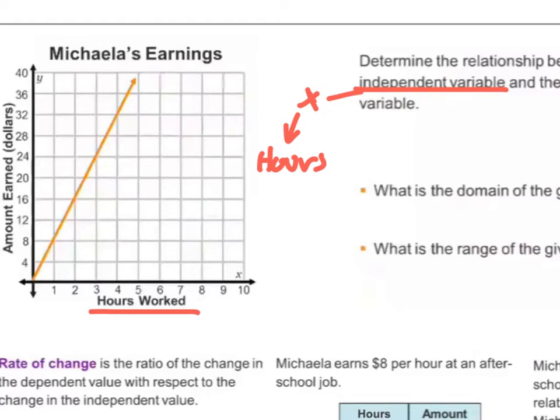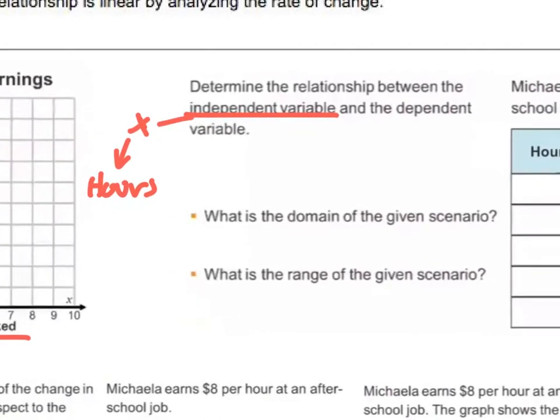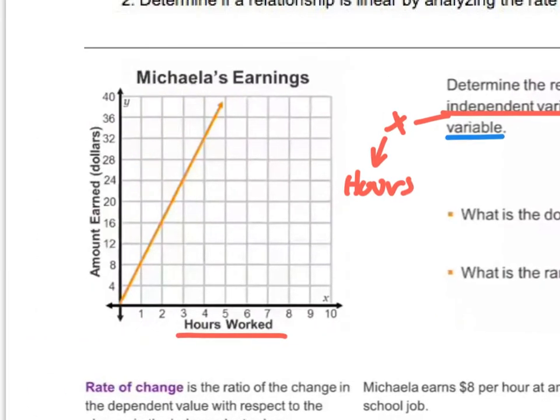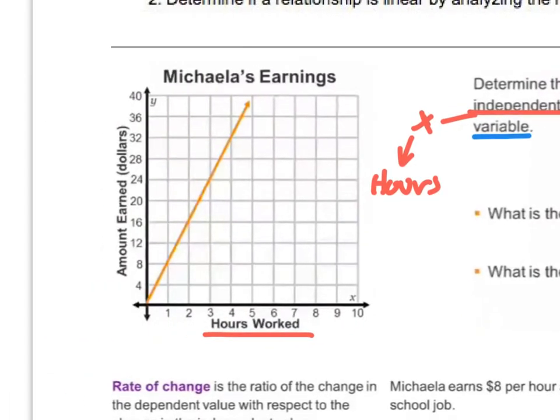The next one is the dependent variable. The dependent variable depends on the independent variable. This is your y value, and that's the money earned, and I'm getting that information by looking at the label on the graph, okay?